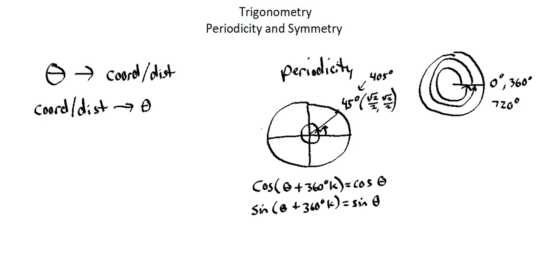Now let's consider tangent, and I'm first going to calculate tangent of 45 degrees. This is sine over cosine, so root 2 over 2 divided by root 2 over 2 equals a value of 1.